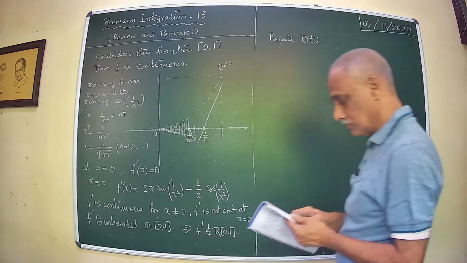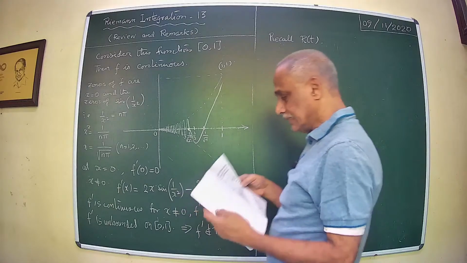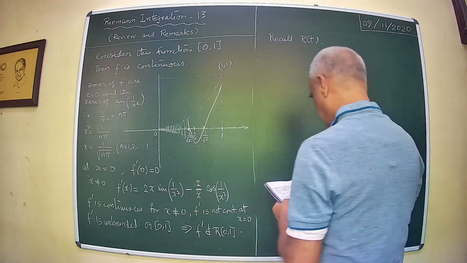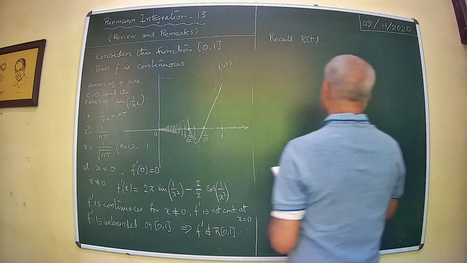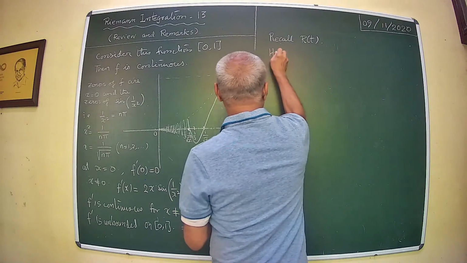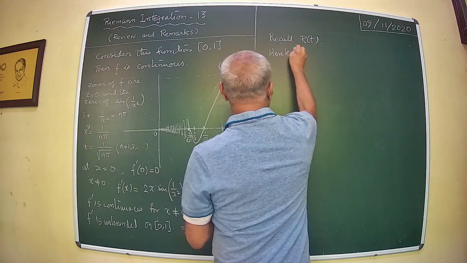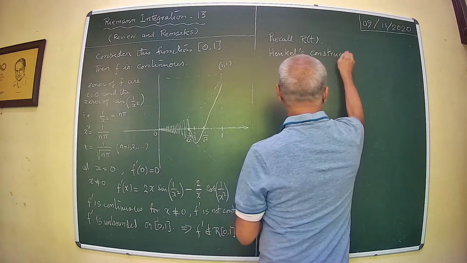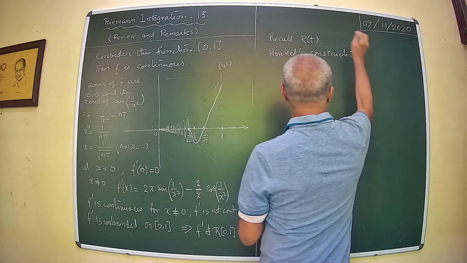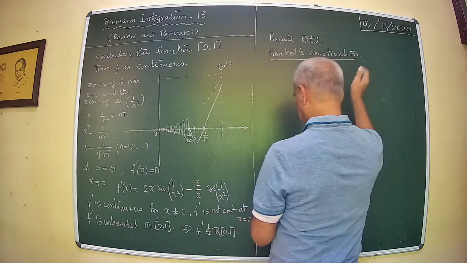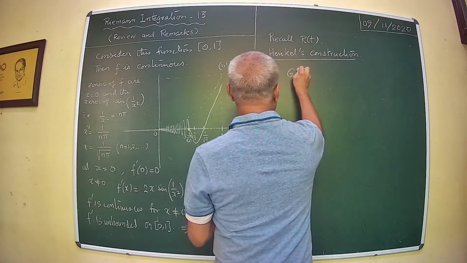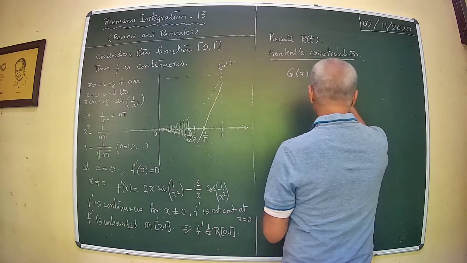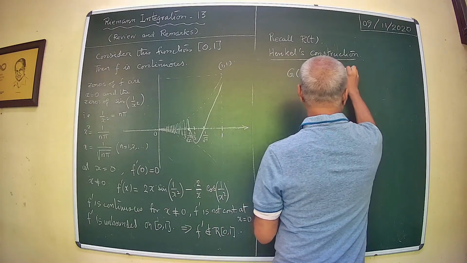Now we shall define, so this is Hankel's construction. He defined a function g(x) equal to the integral from 0 to x.